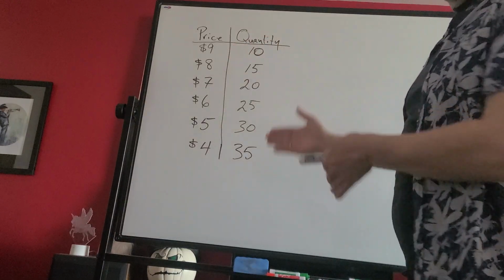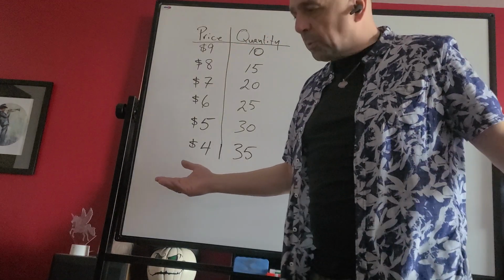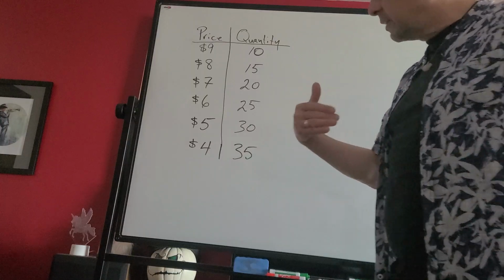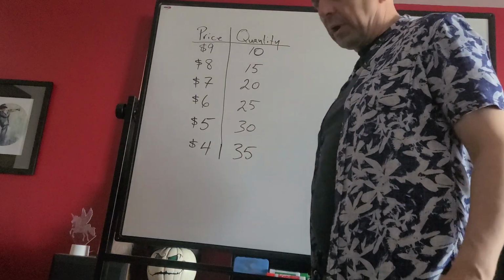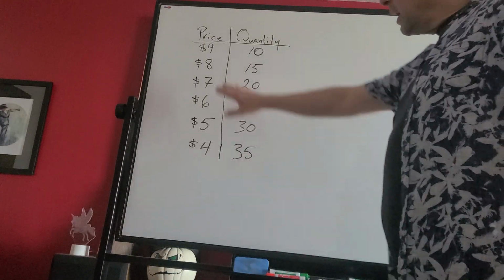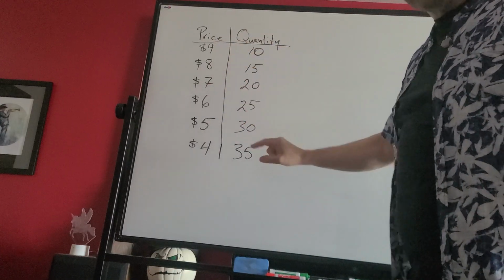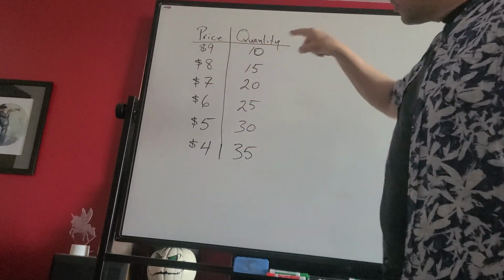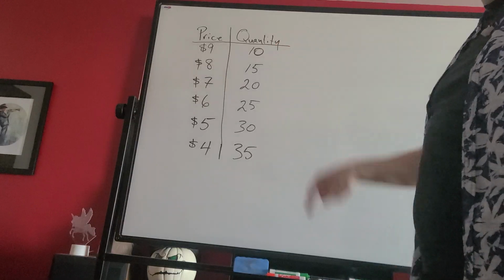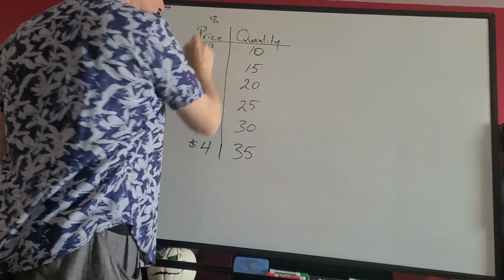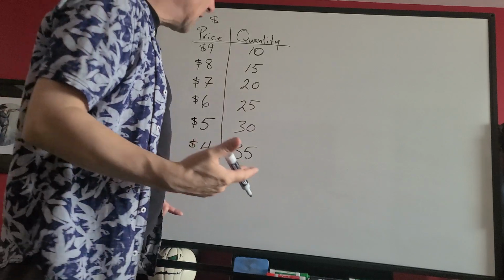So this is a set of data. I've taken this right from your textbook, so it is available in those pages in chapter 3. What this is saying is that whatever this good is, at a price of $9, 10 will be demanded. The unit here is always going to be dollars as long as we're talking about the Canadian economy.